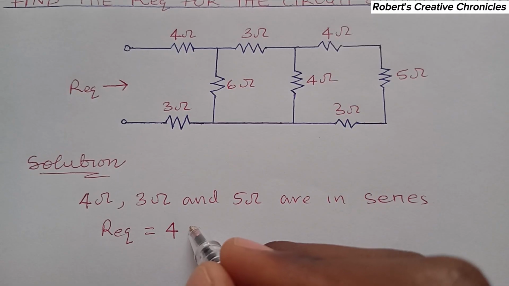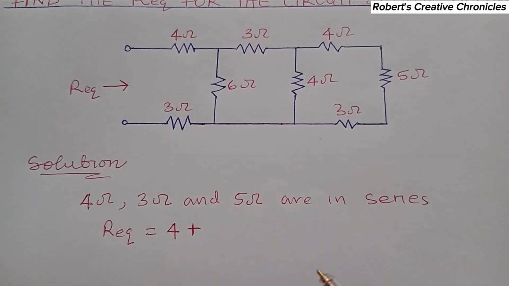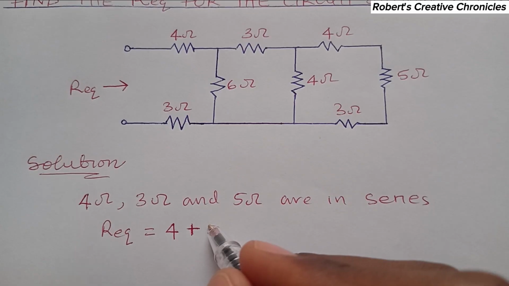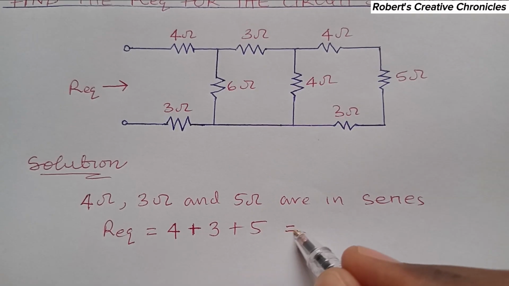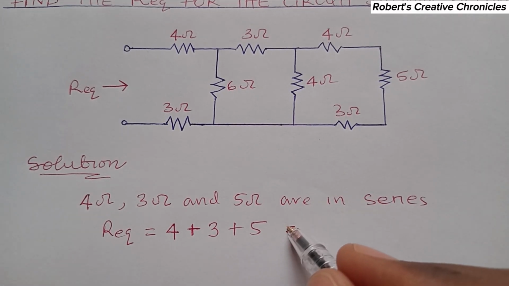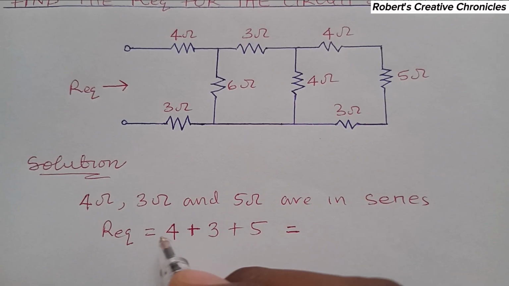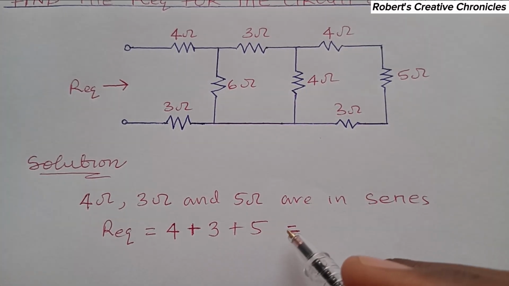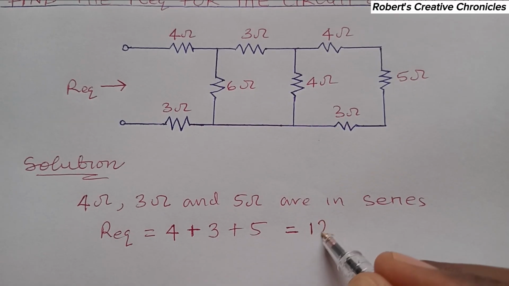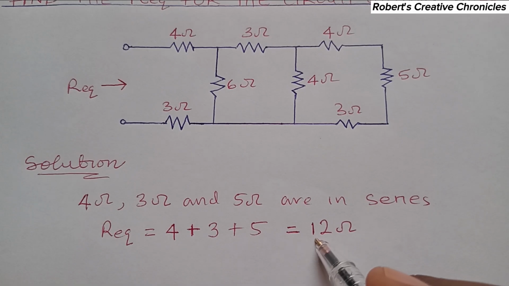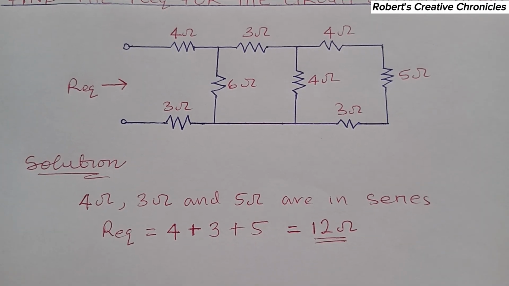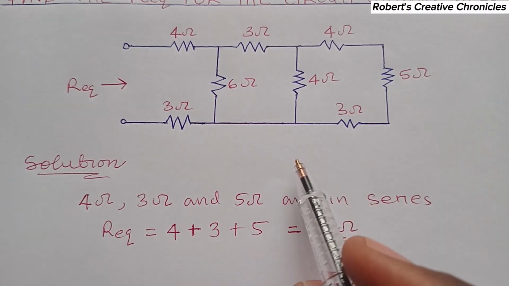So you add them since they are in series. 4 plus 3 plus 5. So this is 12 ohms. So the first equivalent resistance here is 12 ohms.